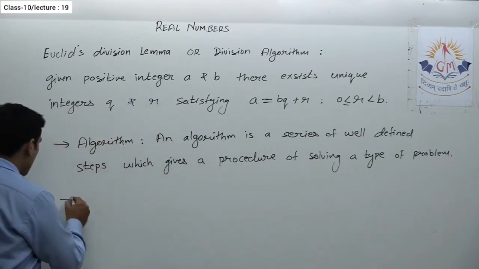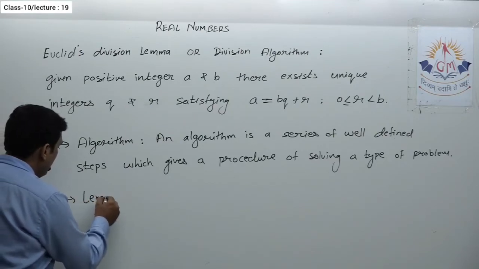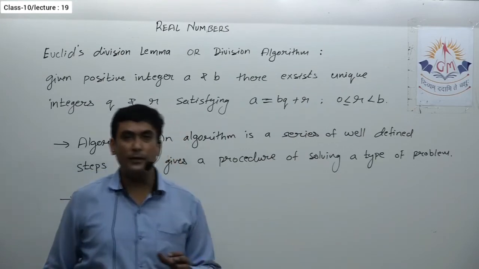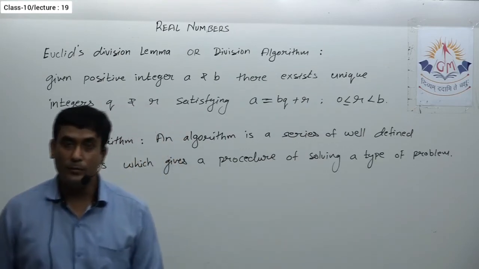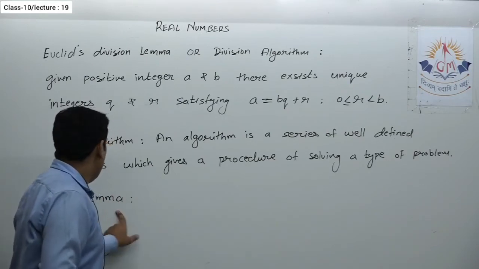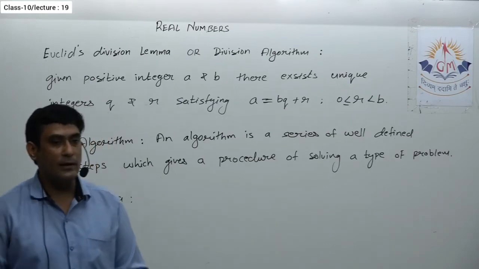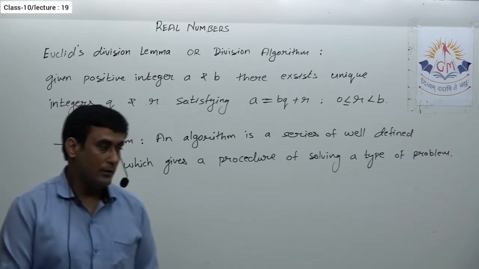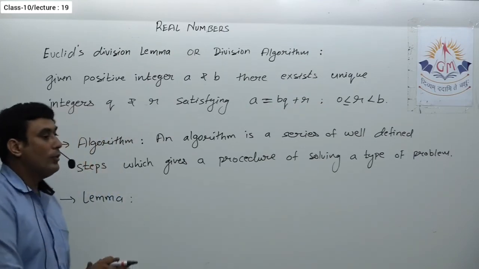Okay, now next is lemma. A lemma is almost near to the axiom that you studied in your previous year classes. Lemma means a thing which need not be proven, but it helps to prove other things.